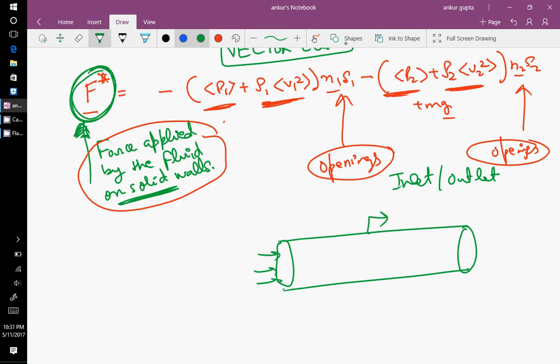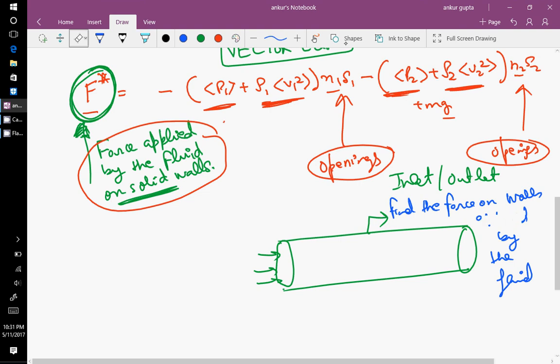If we want to find the force on walls applied by the fluid, if you have been asked to calculate the force on walls applied by the fluid, then we don't have to always know the details of the velocity.